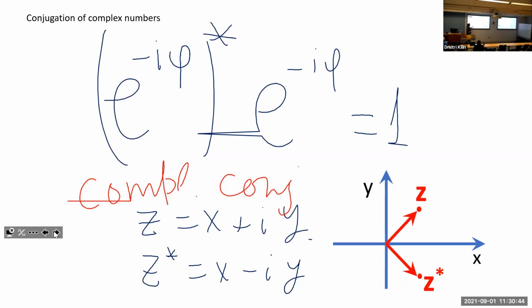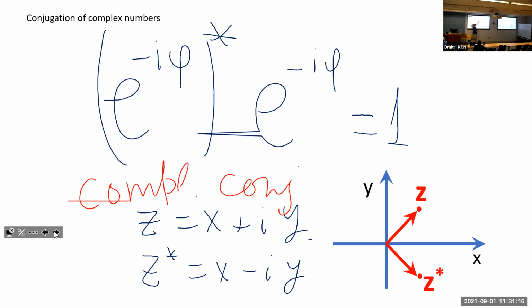If you use the Euler equation, you can just put minus there. Then the imaginary exponential with star times the imaginary exponential without star will always be 1. One can prove it in the following way. This Euler imaginary exponential means you take the length and rotate it by the angle phi.